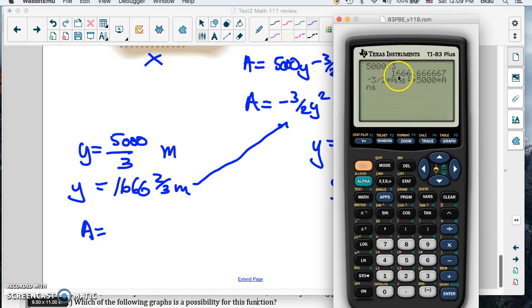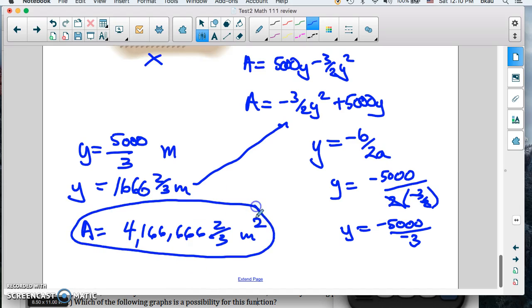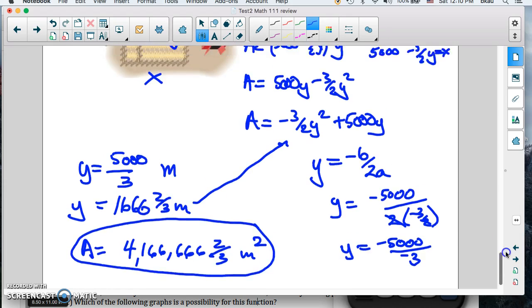Okay, so I'm using this number up here because I have it right now as that answer, and I'm just going to plug it into the area formula here. So that's giving me an answer of 4,166,666.6. So 4,166,666 point and 2/3 basically meters squared is our area. Alright, so that's the solution there.